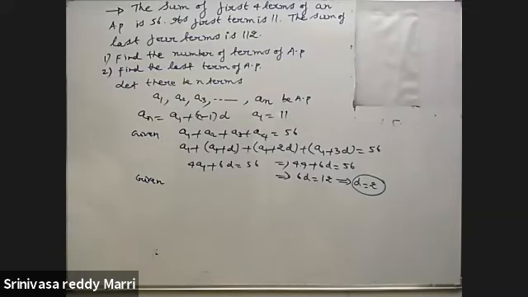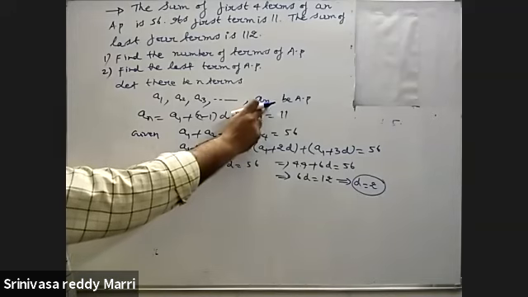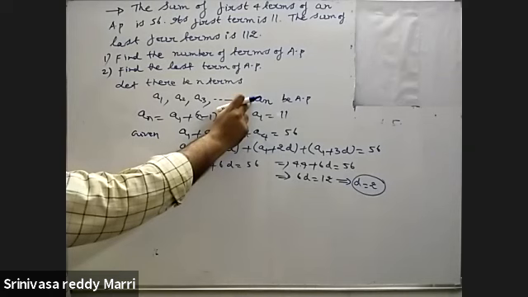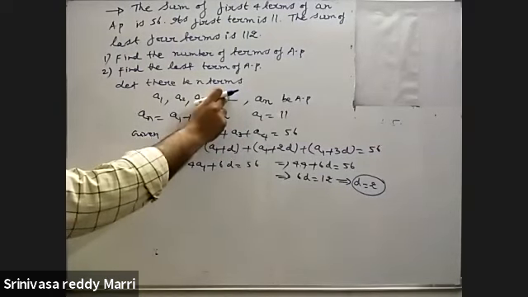Next, it is also given the sum of the last four terms. Observe carefully. This is the last term, an. Before it is an minus 1, before that an minus 2, before that an minus 3.